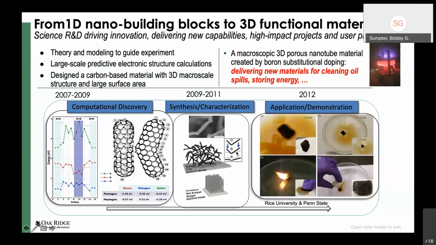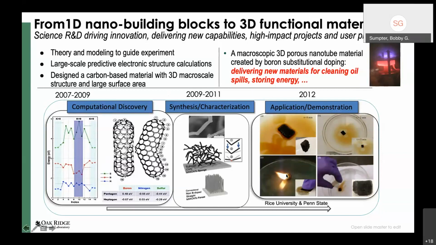Now, because it loves oil and is repelled by the water, it sucks up all the oil. And now you can just squeeze the oil out and recover it, or burn it and get the energy.